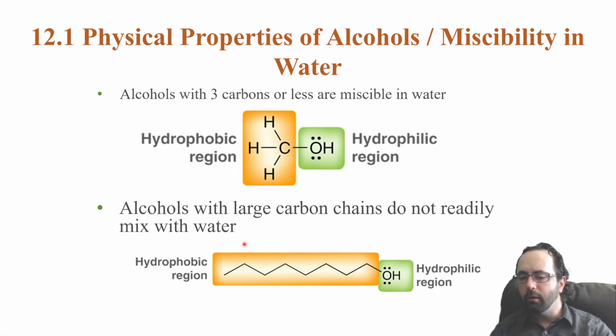But as you have a greater hydrocarbon chain, which does not have polarity, you get a less and less polar molecule. So the hydrophilic, or water-loving, region becomes a smaller part of the entire molecule. The whole molecule gets less and less polar, and thus would be less and less soluble in polar substances such as water.